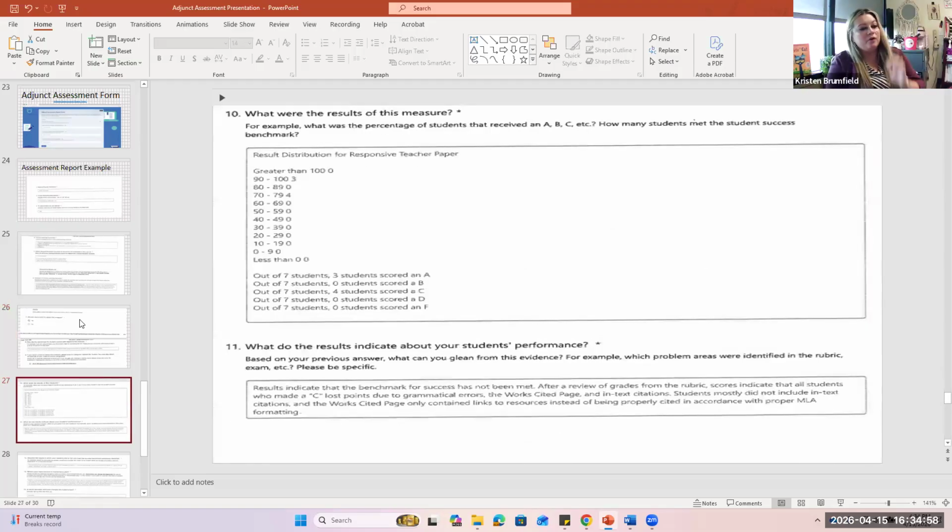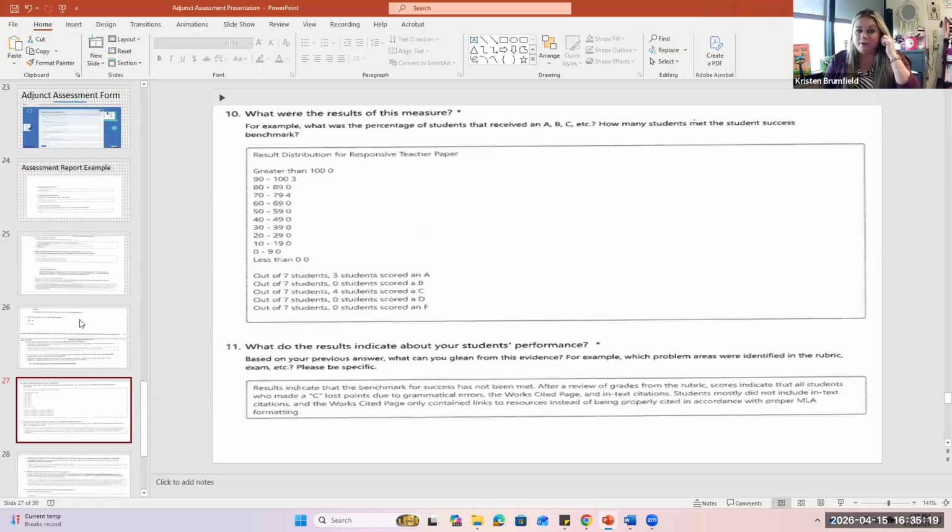All right. So your next question is you would have to then show results of the measure. And so I took this directly from Blackboard. I went into results distribution for this specific assignment, and it gave me a really good breakdown of how many students scored what.